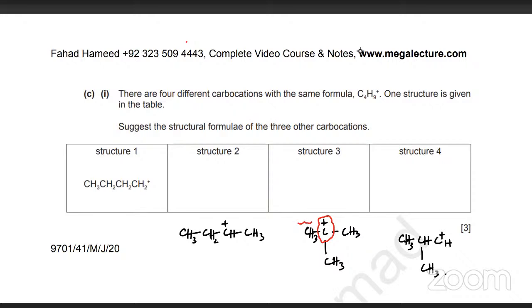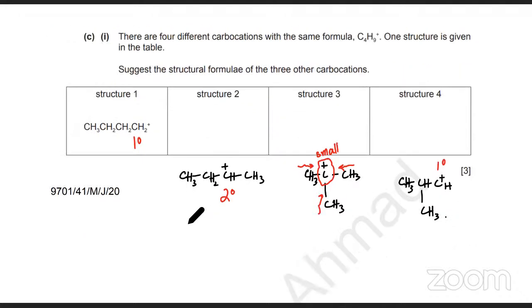If you have more carbon chains, they're going to donate electrons and this positive charge is going to become very small, which is why this is going to be the most stable one. The least stable: this is the 2-degree carbocation, this is your 1-degree carbocation, and this one is also a 1-degree carbocation. 1-degree carbocations are the ones that have 1 carbon chain. They're the least stable.